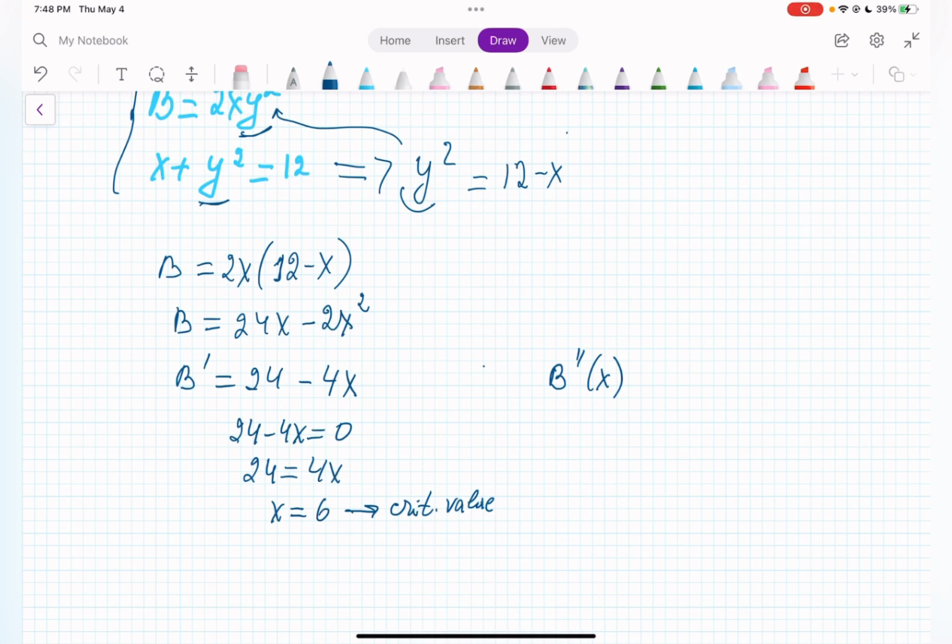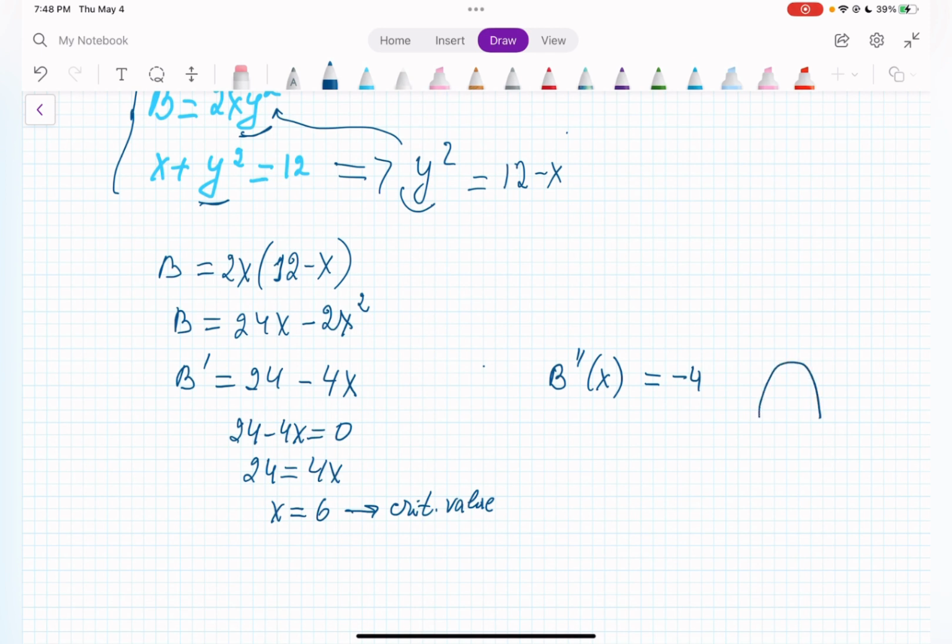It is equal to -4. So at x equal to 6, we get -4, meaning concave down.